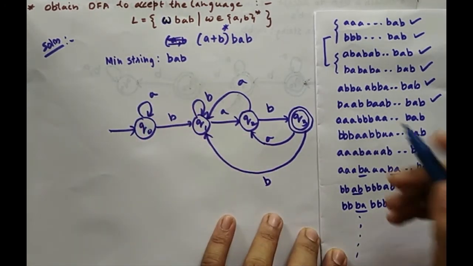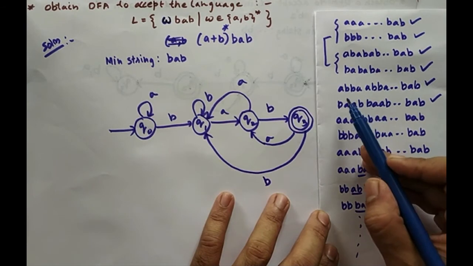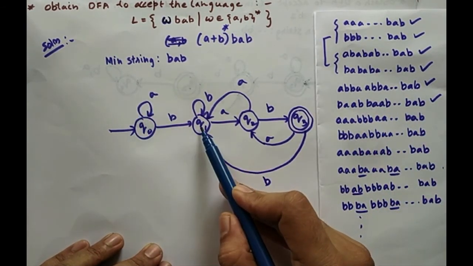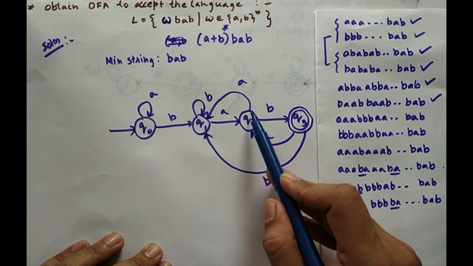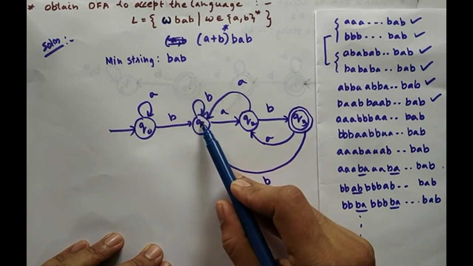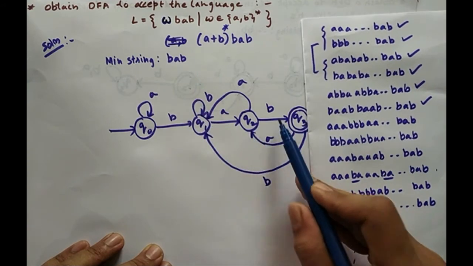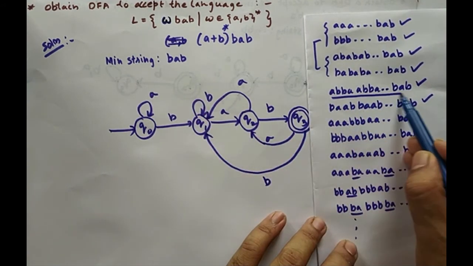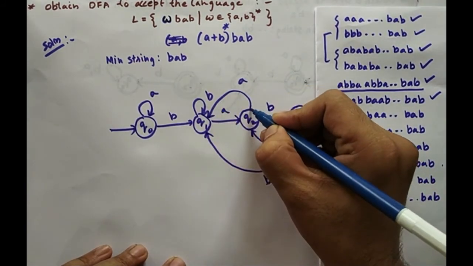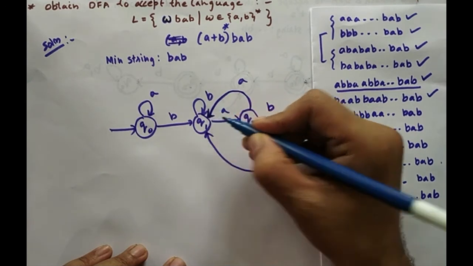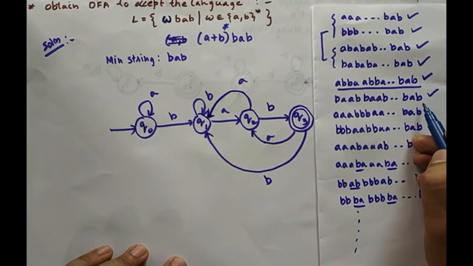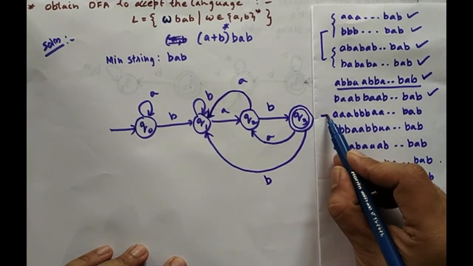Please note, for this string ABBA, ABBA, BAB, I made this transition: A, B, B, A, B, A, B. So for this string, this extra added transition looked okay, right? So far there was no problem, but now we have this string here.